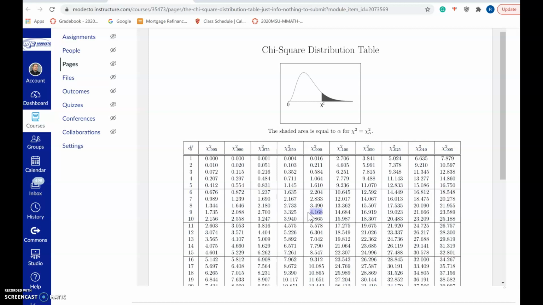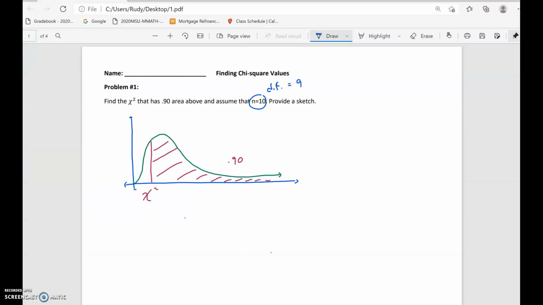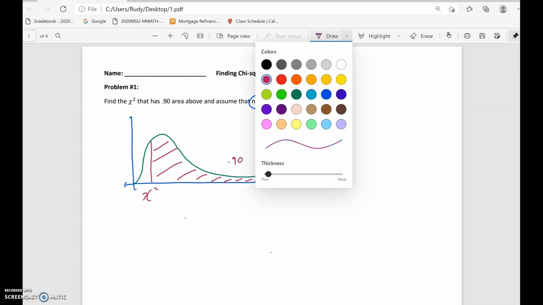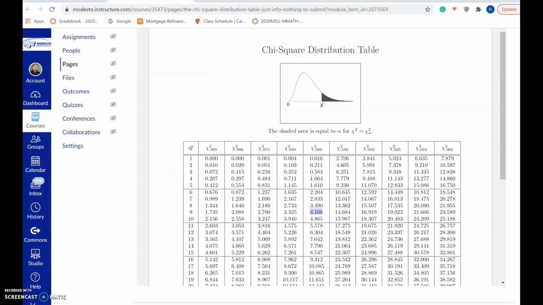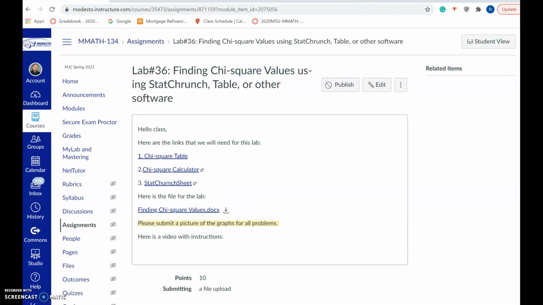Now, some of these are going to be way off because you're not going to have all the actual areas on the table. So for this particular one, it'll be approximately 4.168. Let me just go back to the table, 4.168.